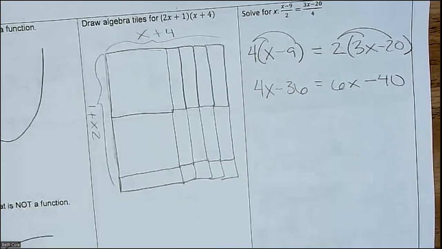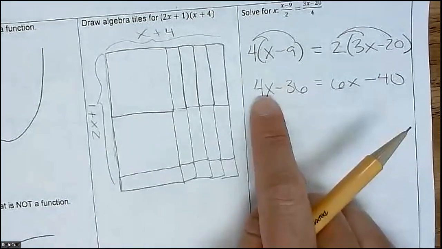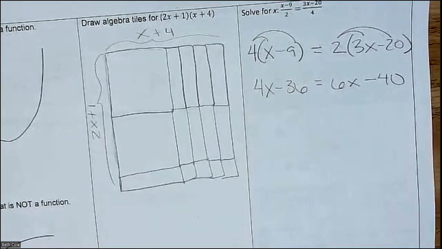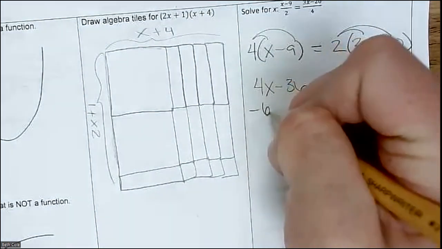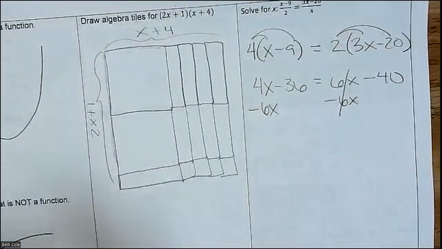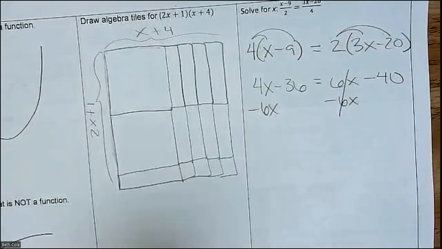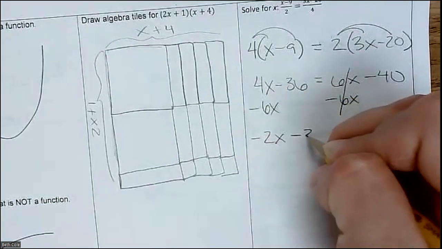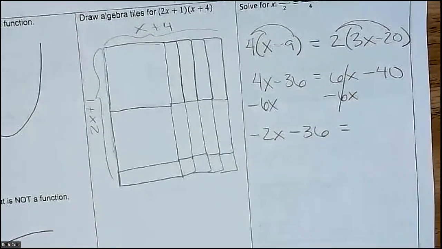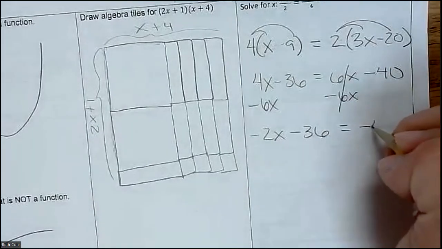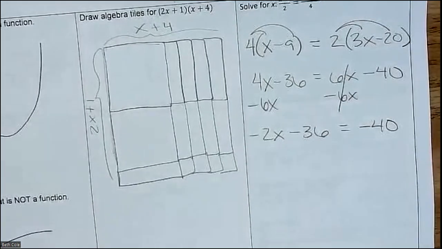Then you want all the x's on one side together. Do you want to minus the 4x or minus the 6x? Okay. It won't make a difference. If you felt you wanted to go the other way, you'll get the same answer in the end. Negative 2x minus 36 equals not 40, negative 40. Be careful with the negative signs.